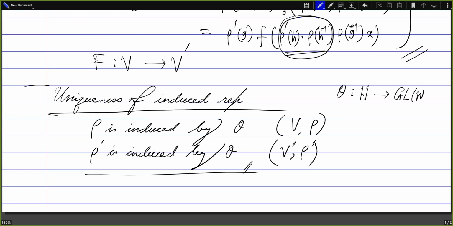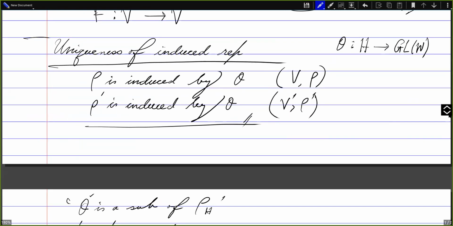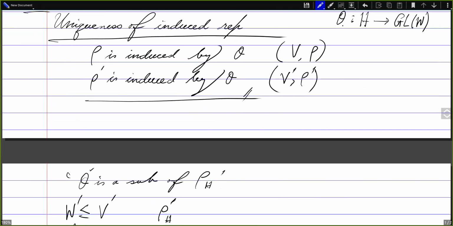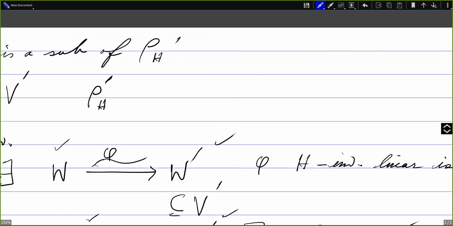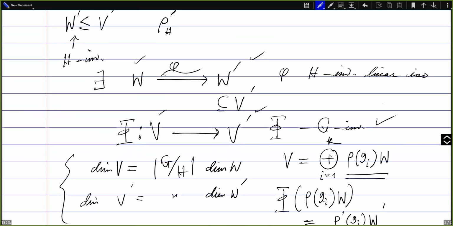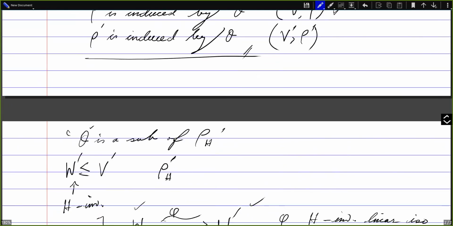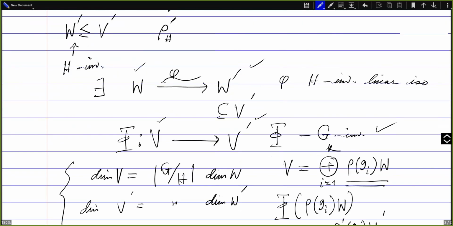Without any loss of generality, we can assume from the definition that theta is the sub-representation of the restriction of one of them. So now I will assume that W is inside V, and that makes it simple to manipulate.